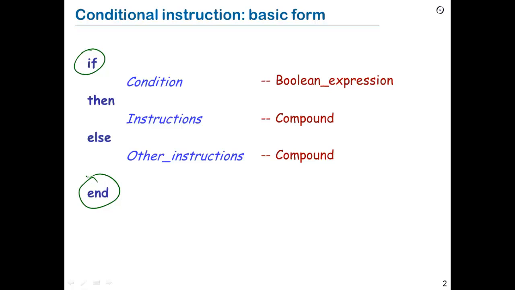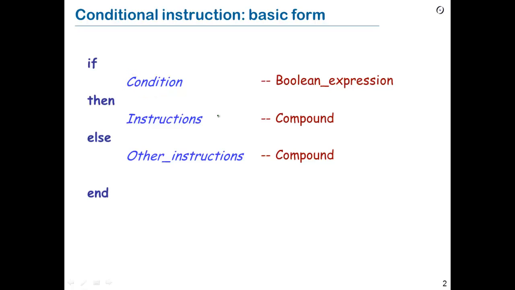What is the semantics? That is to say, the effect of such a conditional instruction? Well, it's pretty straightforward. The execution of the construct will consist of first evaluating the condition. As a Boolean expression, it will yield true or false, and then as a consequence, the conditional instruction will execute one of the two compounds.